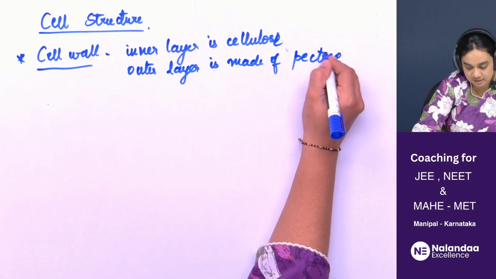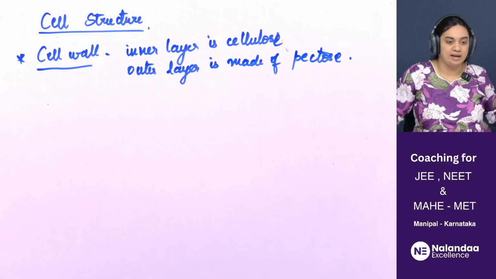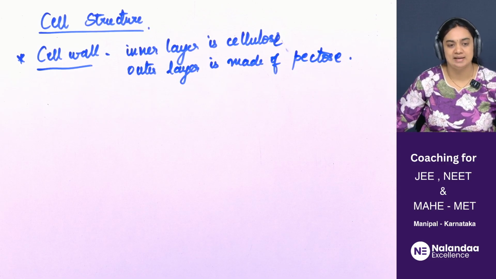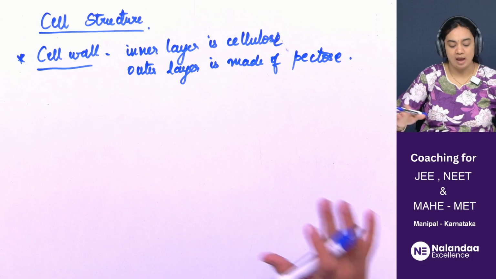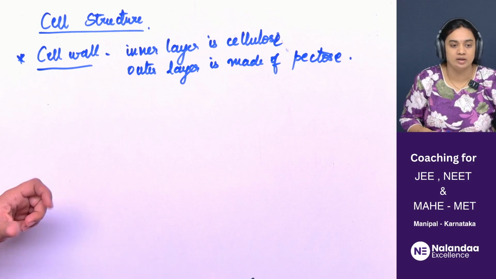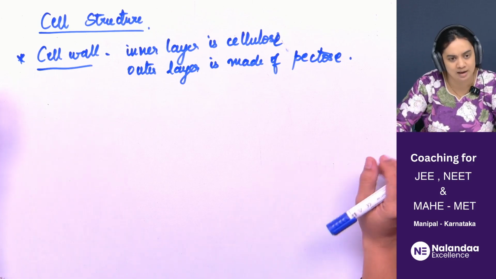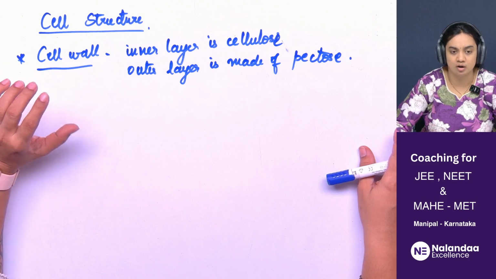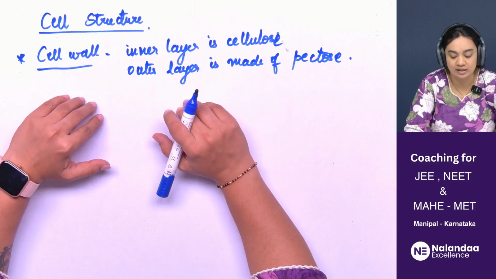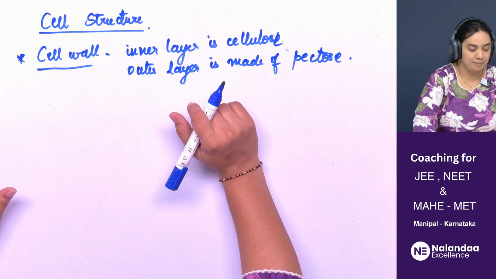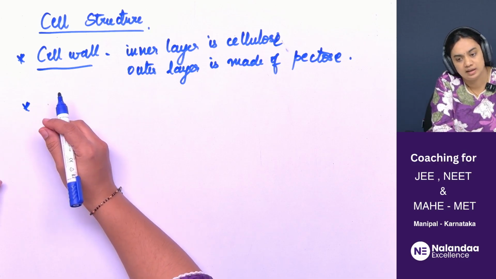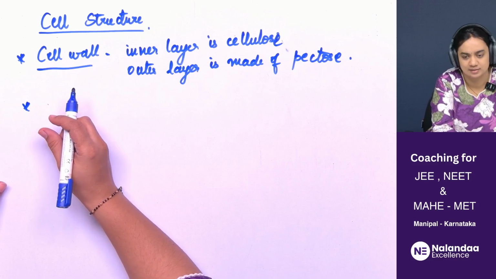In the chapter Cell: The Unit of Life, you will see that the algal cell wall is made of cellulose, galactins and mannins. Those are also present. But in this case, we are talking specifically about the inner layer and outer layer of the cell wall, where the inner layer is cellulosic and the outer layer is made of pectin.